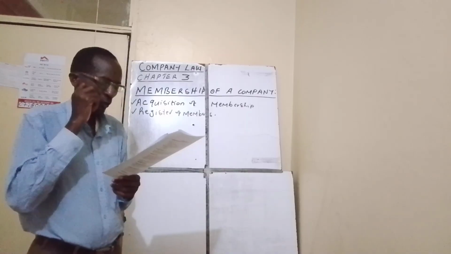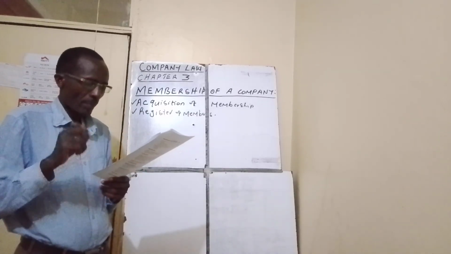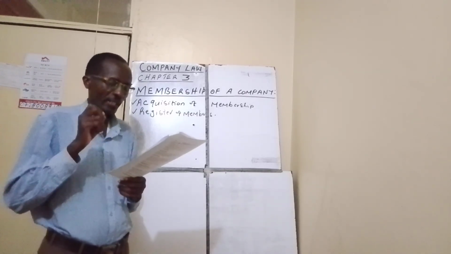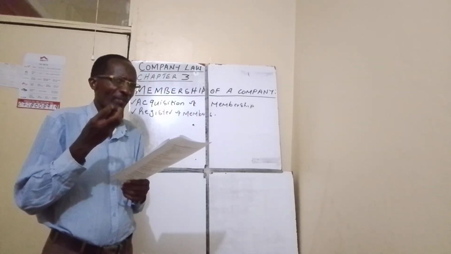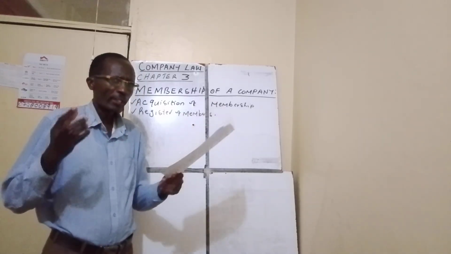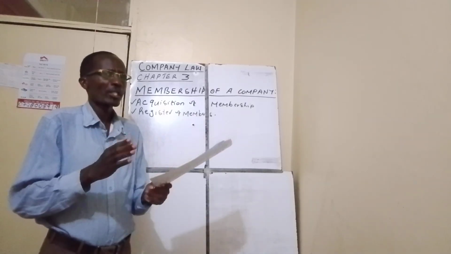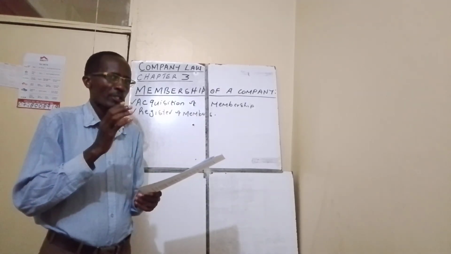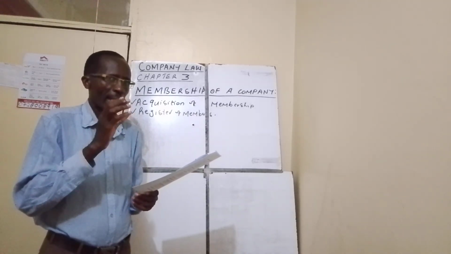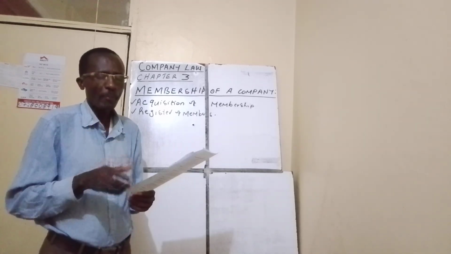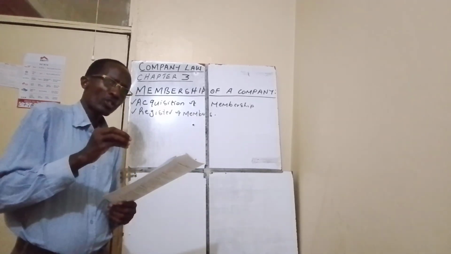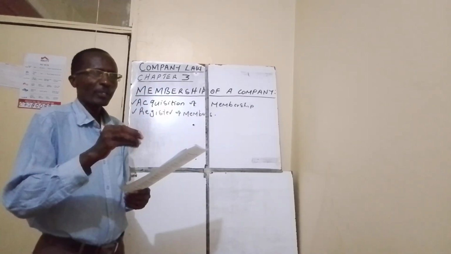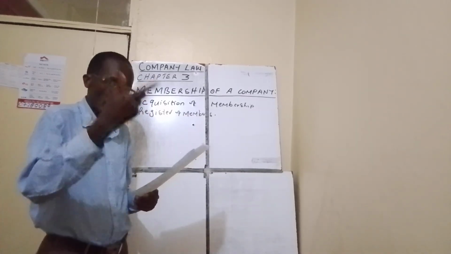So maintenance of register of members, the point here is that the register of members, that register containing the names and all the details relating to the shareholders, must be kept at the head office of that particular company. However, there are circumstances under which the register of members can be found elsewhere.